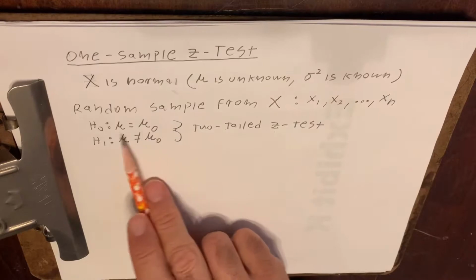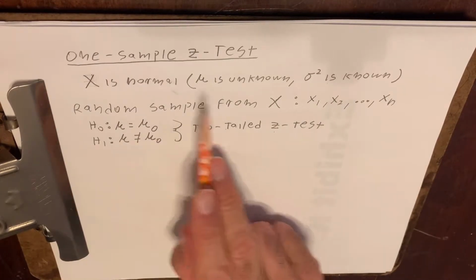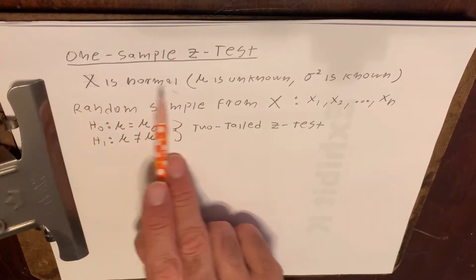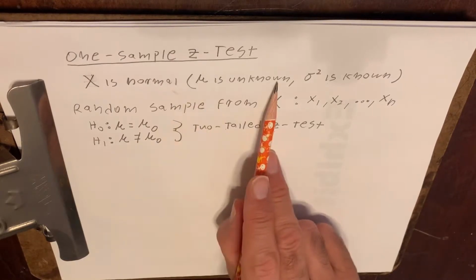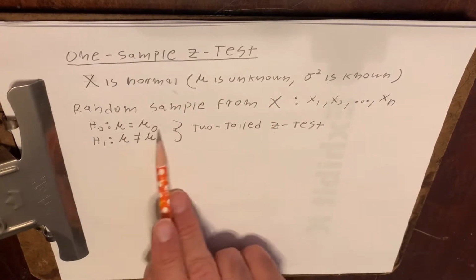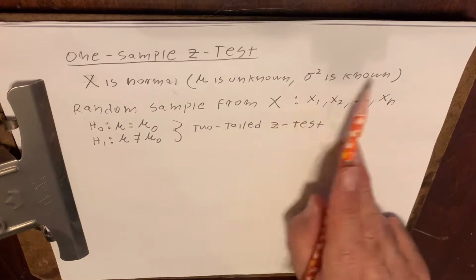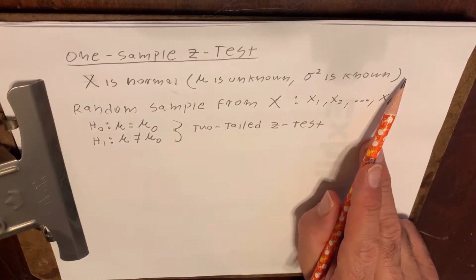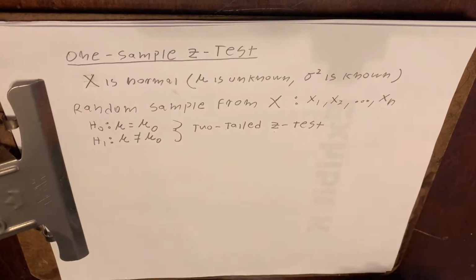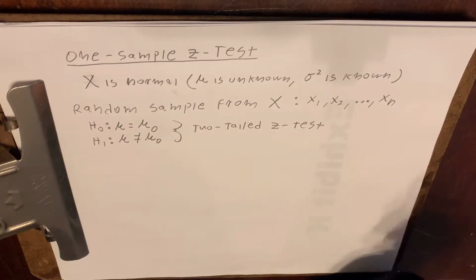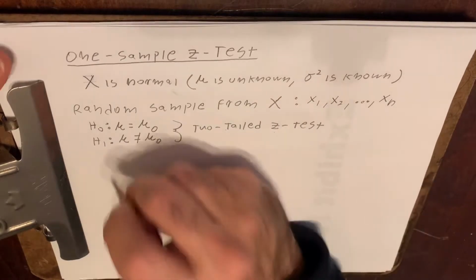And it's the z-test not only because of these hypotheses, but because we're dealing with a normal distribution with unknown mean about which we are hypothesizing and known standard deviation or variance. So all these together makes it the two-tailed z-test. And we'll do this at some significance level, which I'm just going to call alpha.